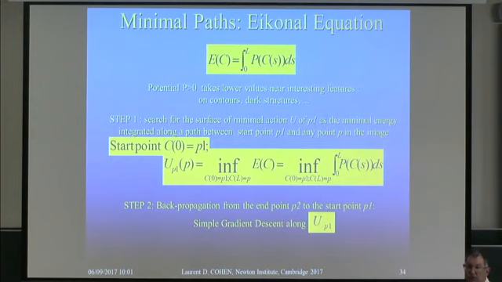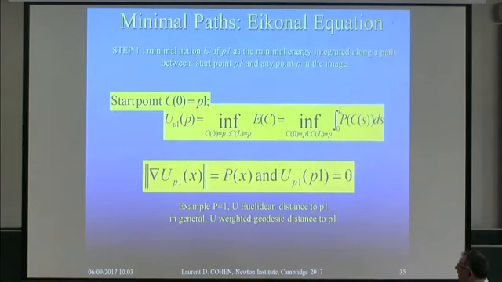This, as we'll see, can be solved using U_P1, the solution of the Eikonal equation. When you solve it numerically, you find a minimal path by simple gradient descent along U_P1. It can be shown that U_P1 satisfies the so-called Eikonal equation, norm of gradient of U_P1 equals P, with boundary condition U_P1(P1) equals 0. In the classical case where P is equal to 1, the integral of P is the length of the curve, and the minimal length corresponds to the segment and to the Euclidean distance.